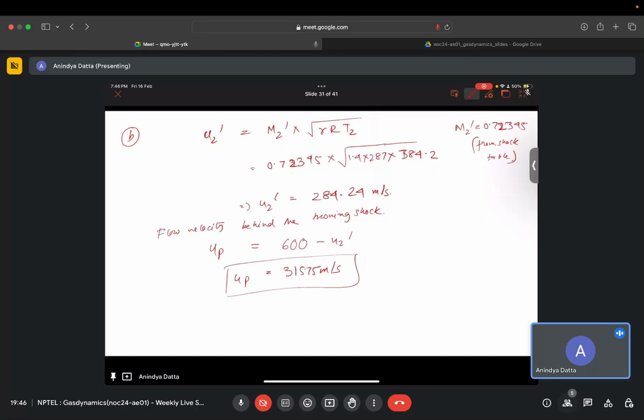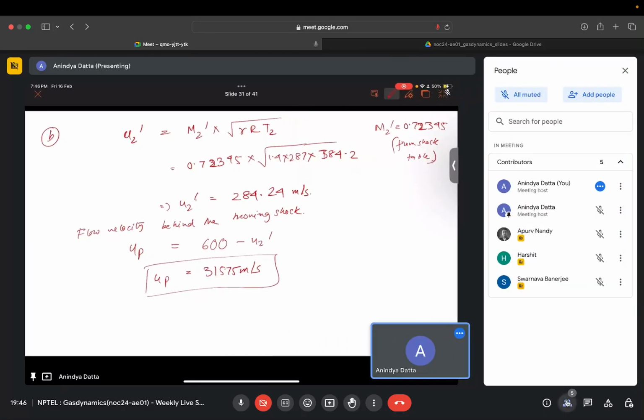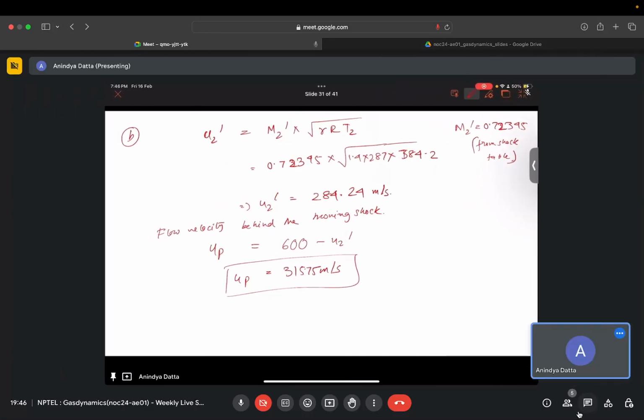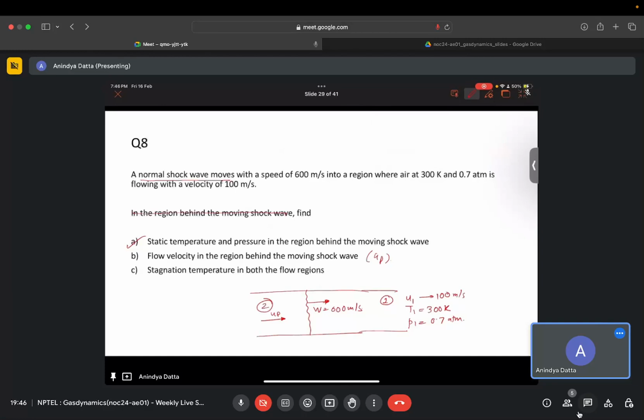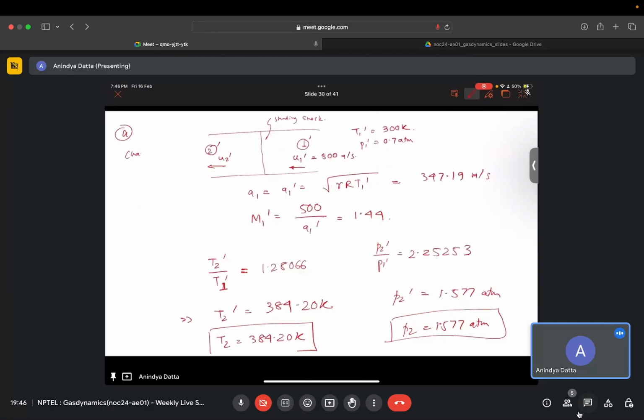Any questions or doubts? It's clear? Here we change the frame of reference such that the shock becomes stationary.